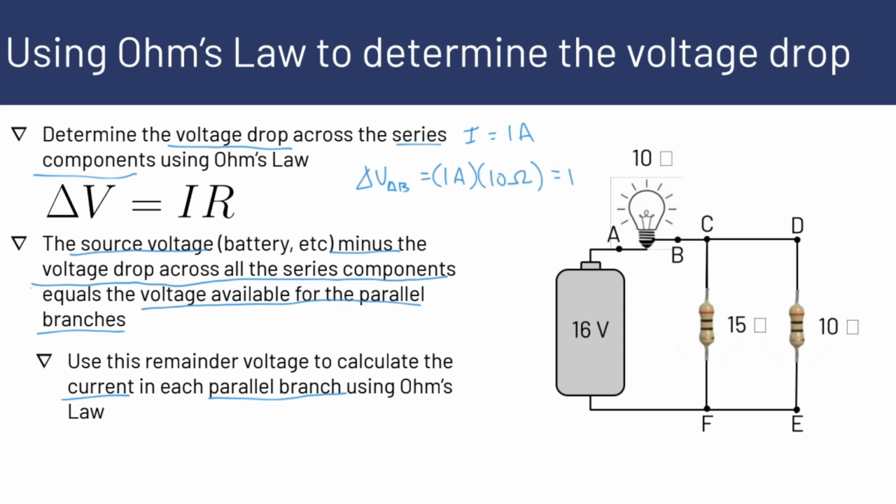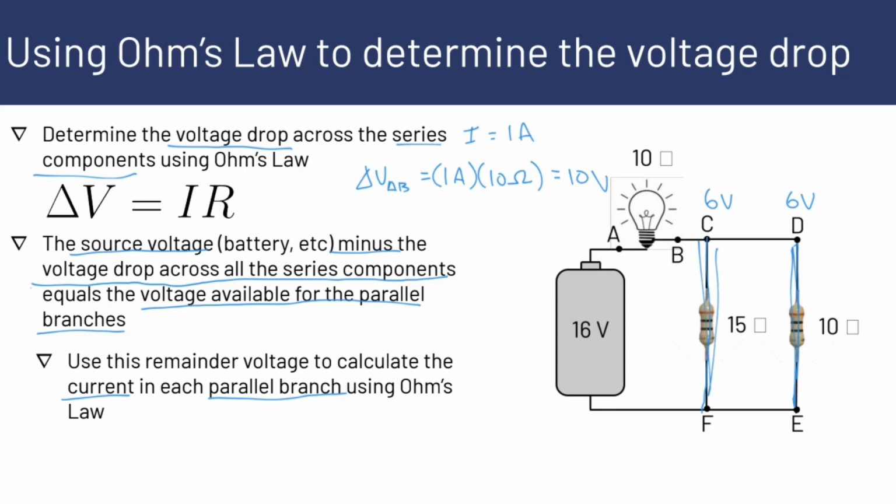So that is going to be 10 volts. That leaves us with 6 volts spread across the parallel branches. So we have 6 volts across this branch and 6 volts across this branch.